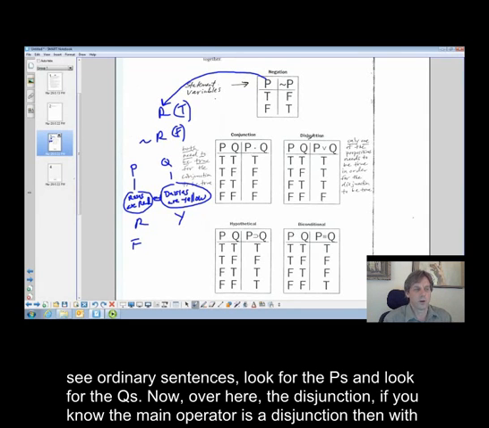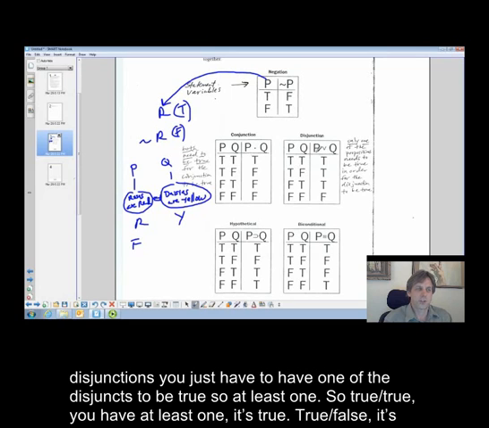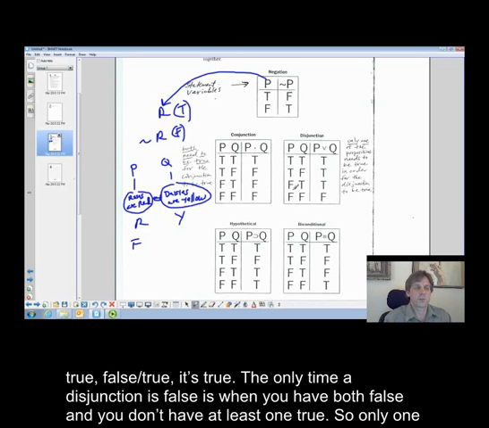Now, over here, the disjunction. If you know the main operator's a disjunction, then with disjunctions you just have to have one of the disjuncts be true. So at least one. True, true, you have at least one, it's true. True, false, it's true. False, true, it's true. The only time a disjunction is false is when you have both false and you don't have at least one true.